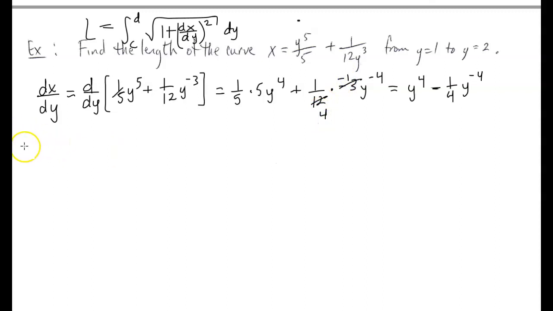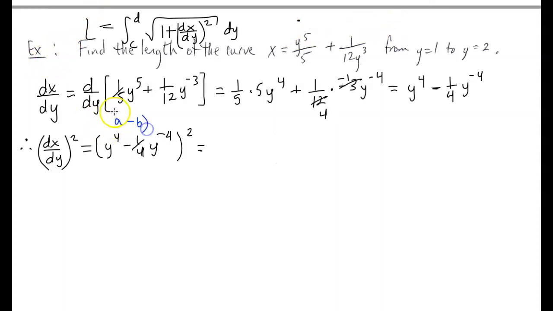So now that we know that, this tells us here that the derivative of x with respect to y, squared, is just going to be y raised to the 4 minus 1/4 times y raised to the negative 4, quantity squared. And of course, this is going to follow the profile of a minus b quantity squared, which is just going to be a squared minus 2ab plus b squared.